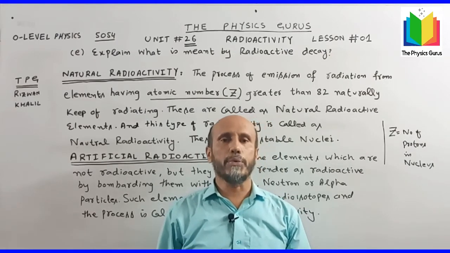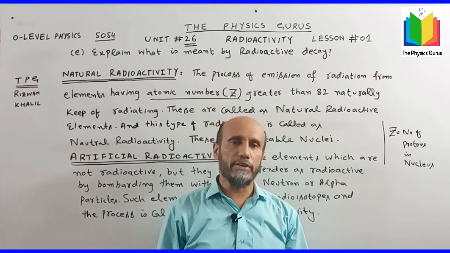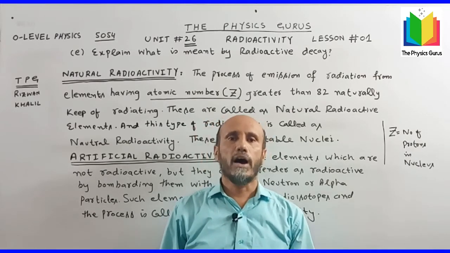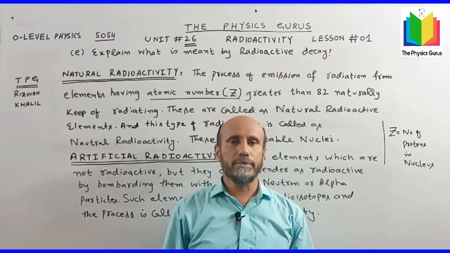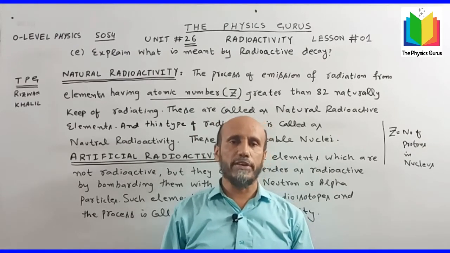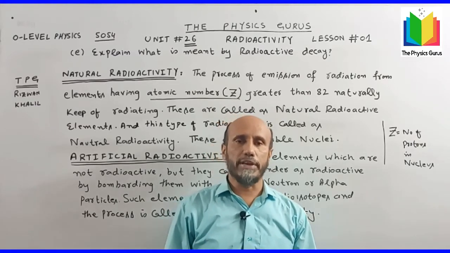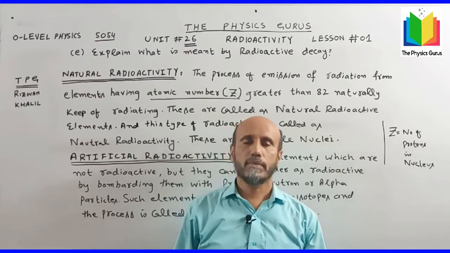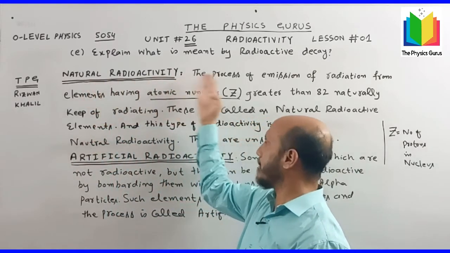Likewise, there are two types of radioactivity. Number one is called natural radioactivity and number two is called artificial radioactivity. Now we will see the difference between these two types of radioactive elements as well as the two types of radioactivity processes. First of all, the definition of natural radioactivity.